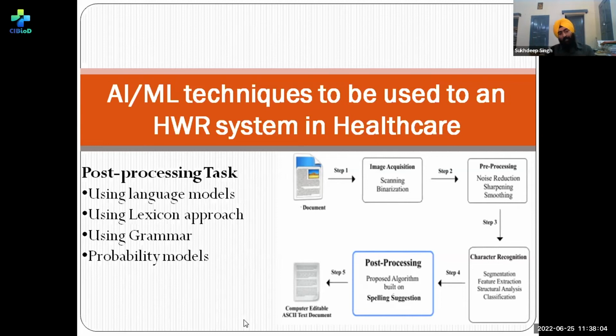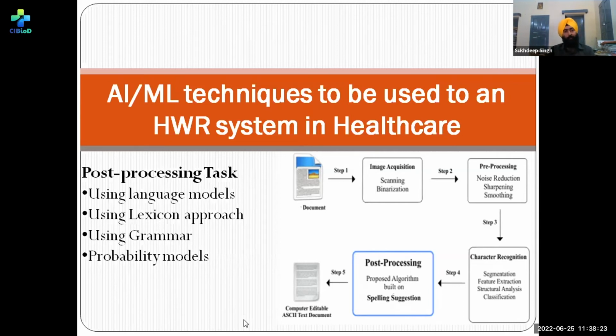Whatever is recognized by the recognizer will be further post-processed against the available dictionary, and the closest match is given as the output. So this is what is done in the post-processing step.